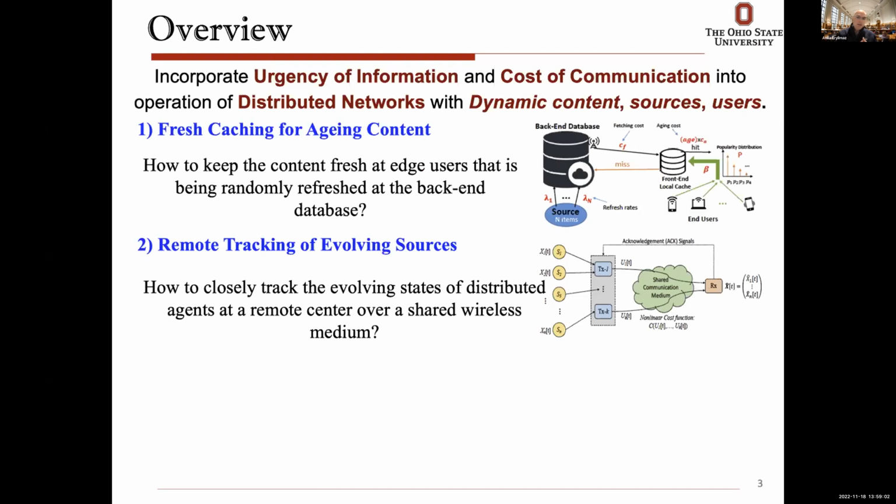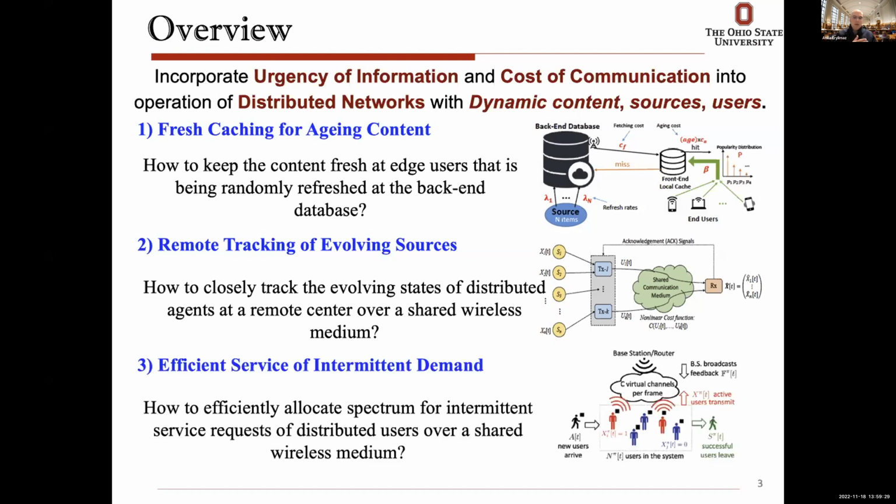The second type of dynamics is where you may have distributed sources. These may be sensors, each having its internal state, and that state is evolving. The goal here is to transmit the state or track the states at some central node over a common communication channel, as enabled by these next generation technologies.